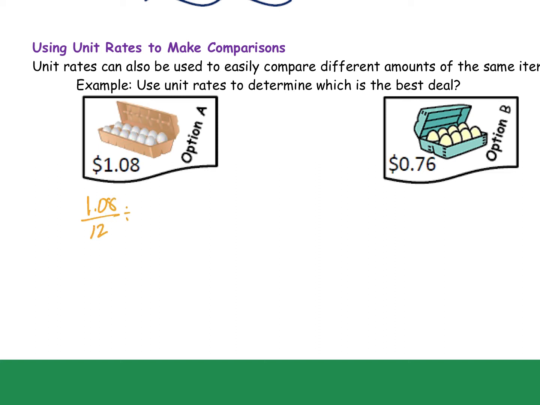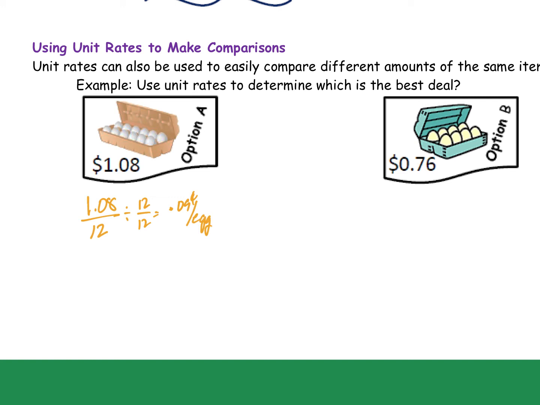And then I'm going to divide by 12 over 12, right? I'm just writing it out the way they did. You don't have to. I could just go in my calculator and do $1.08 divided by 12. And I should get 0.09. Okay, 0.09 cents per egg.